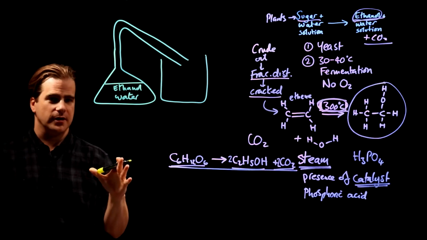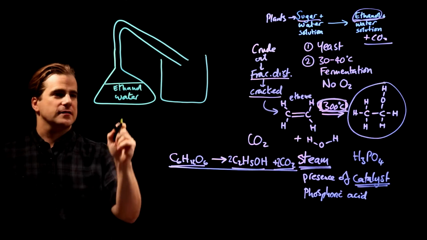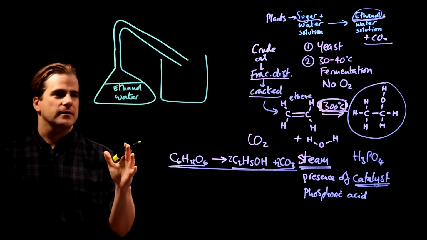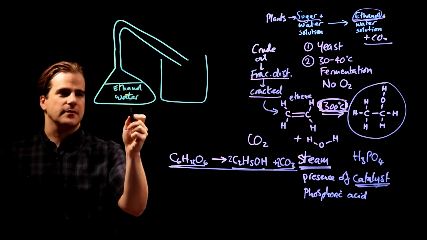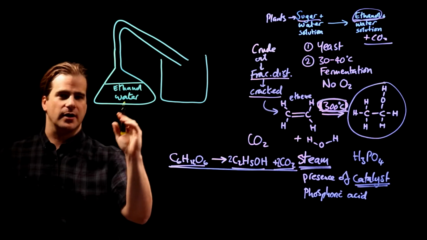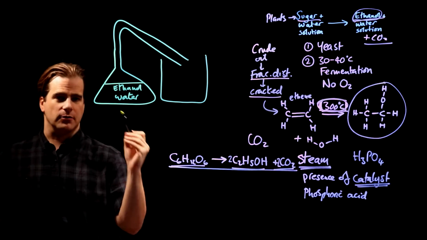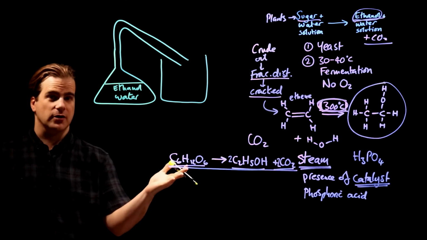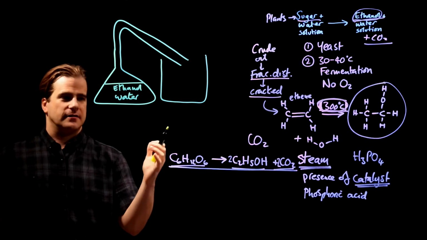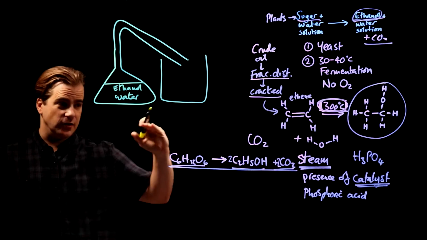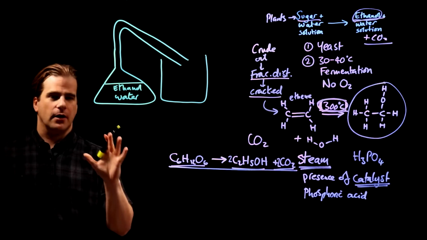They're both liquids at room temperature, and they're both miscible with each other. That means they're soluble with each other. They don't separate out into two layers like oil and water would. Oil is not miscible with water. Ethanol with water is. Just look at a bottle of vodka, for example. That's roughly 50-50 ethanol water, and you can't see two layers in a bottle of vodka.